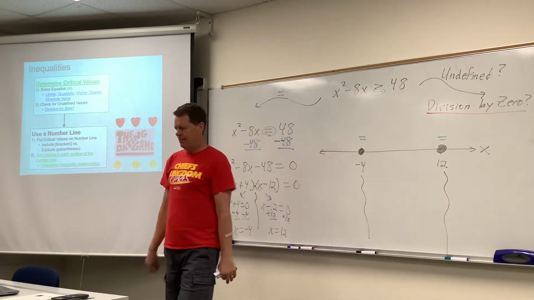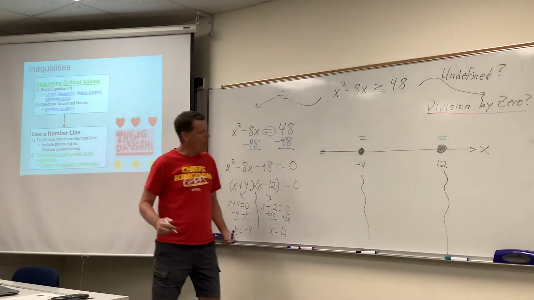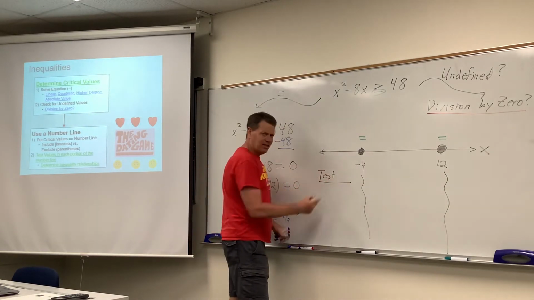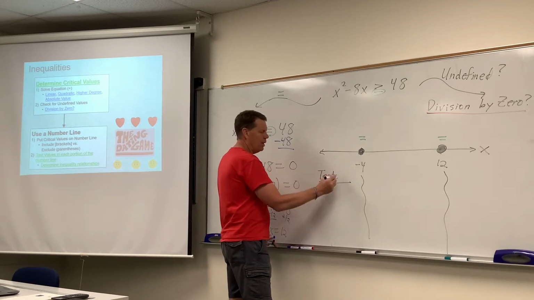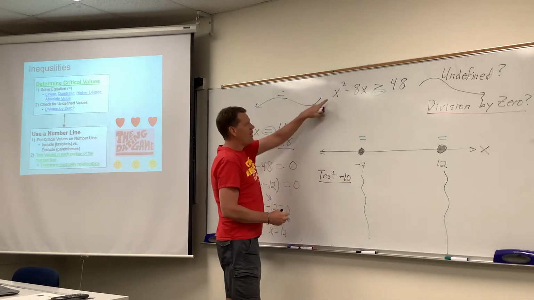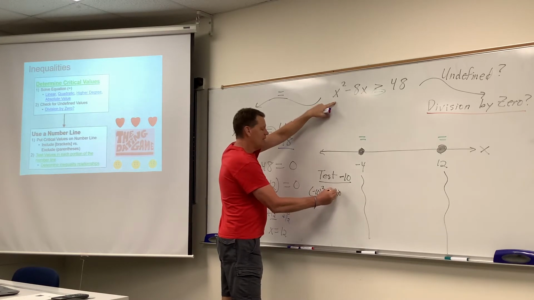All right, every question I'm doing is identical. Equation, number line. Okay, two things to think about, two things to remember to do. The number line part of it depends on your arithmetic skills. To be a total snob about it, you're going to pick a number below negative 4. I like negative 10. So this would be negative 10 in parentheses squared minus 8 times negative 10 over here.